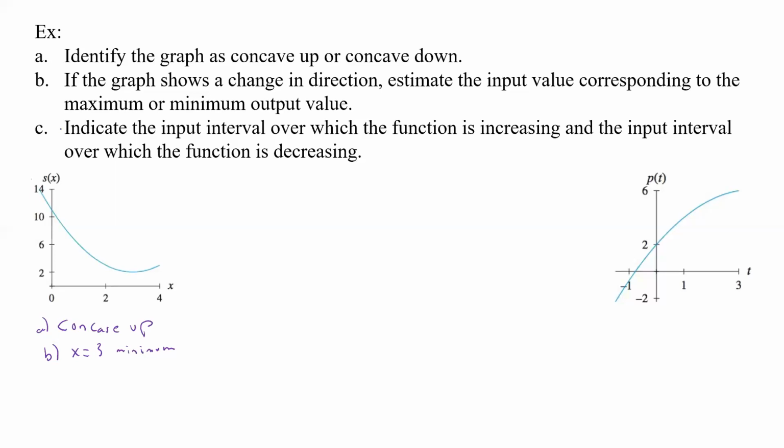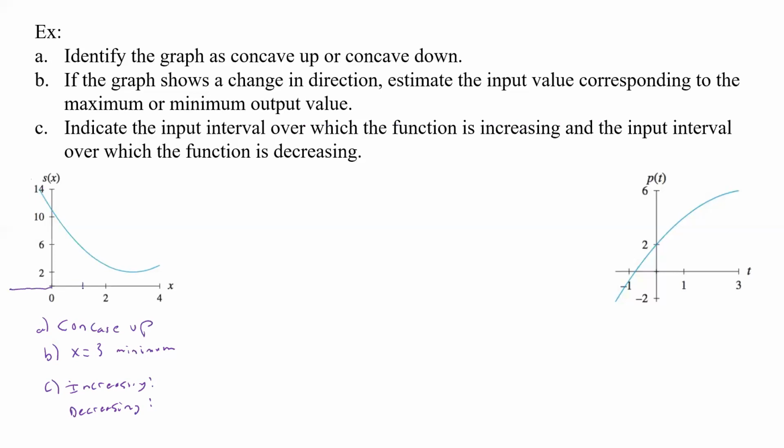And then it says indicate the input interval over which the function is increasing and the input interval over which the function is decreasing. And we can only use what they give us. So here, it's somewhere over here in the negatives.